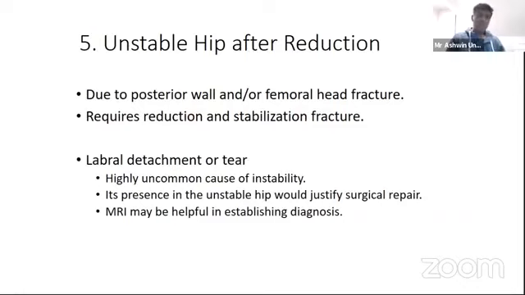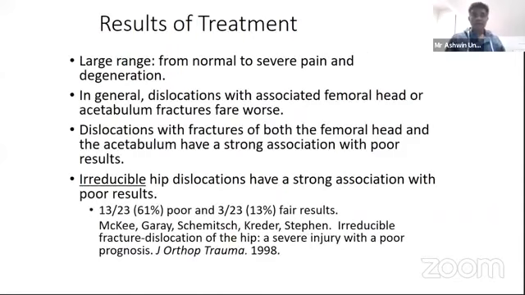It is mostly because of a posterior wall or a femoral head fracture that it is unstable. Now, results of treatment: a large range. You have to appreciate that irreducible hip dislocations are strongly associated with poor results. That is fundamentally what you need to let the patient and the family know about.